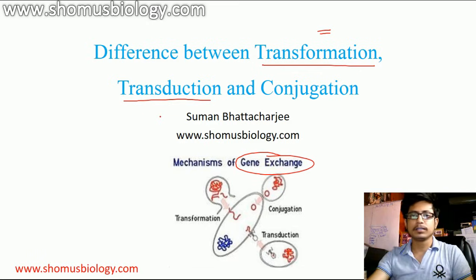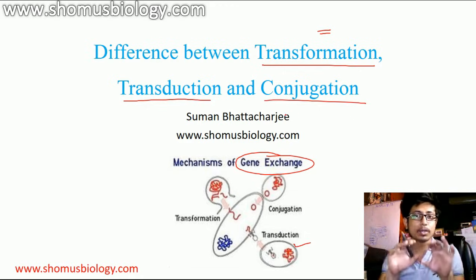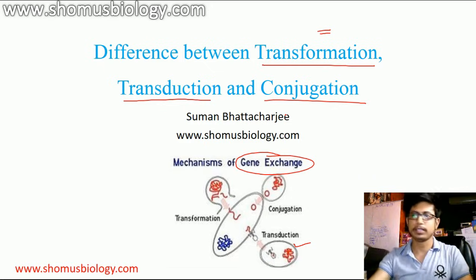In transduction, the DNA is transferred by a bacteriophage virus from one bacteria to the other bacteria. And the third one, conjugation, is when the genetic transfer occurs by direct contact between the bacteria. These are the three different situations that we know.